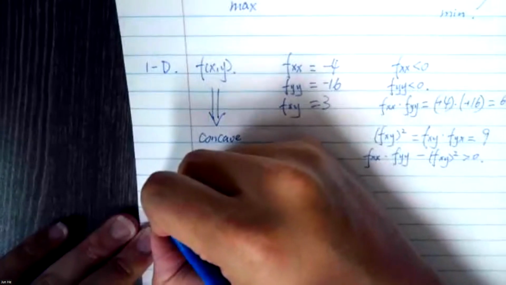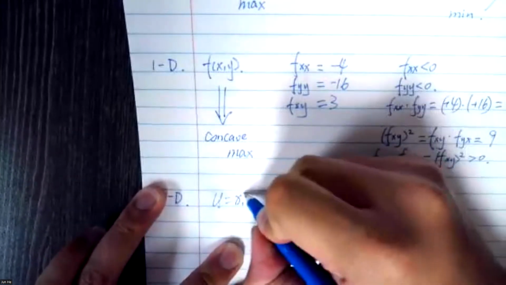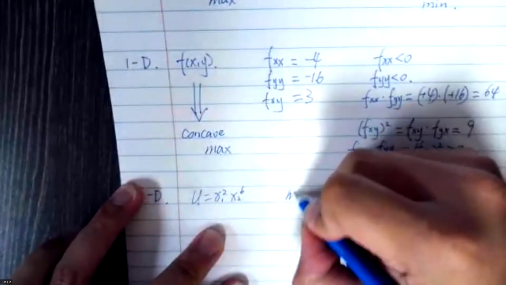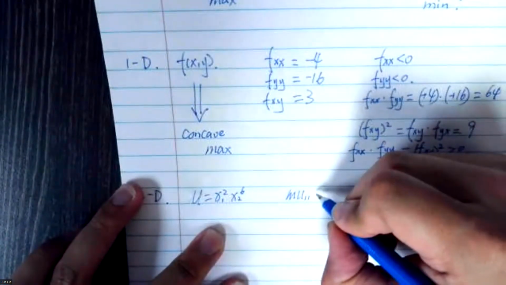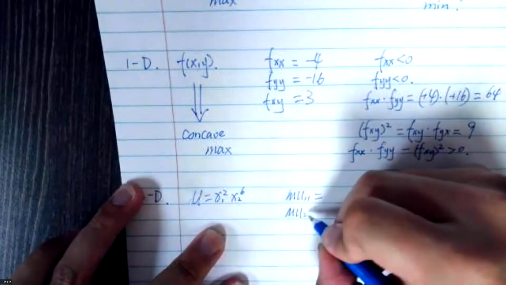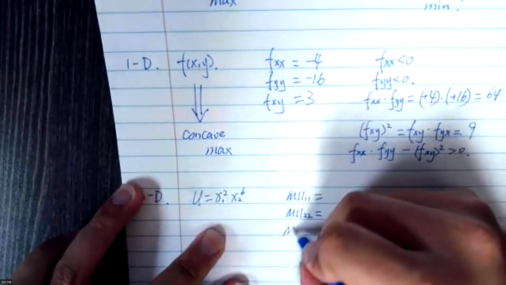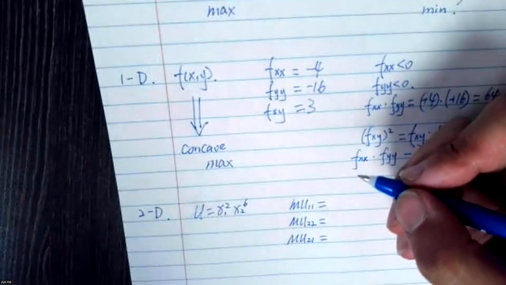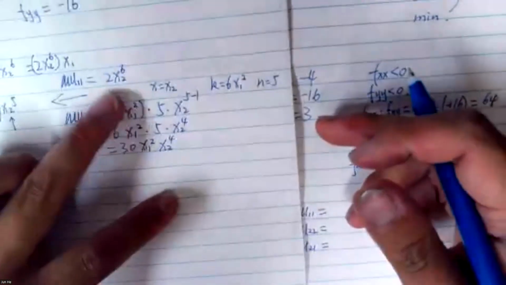So now let's turn to the second one, 2D. Here it is the marginal utility of the utility function x1 squared, x2 to the power 6: MU11, MU22, and MU21 or MU12, which is the same. So let's refer to the previous result.